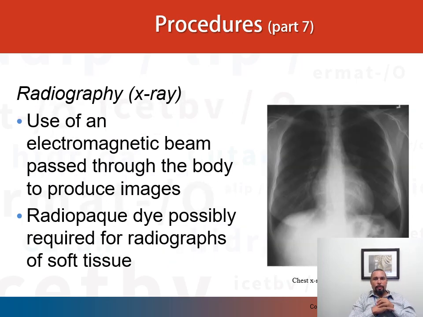Oh man, all of you that will be going into the X-ray program, this is an X-ray or radiography. An electromagnetic beam is passed through the body to produce these images. A radiopaque dye is possibly required for radiographs of soft tissue. I mean, this is an X-ray.